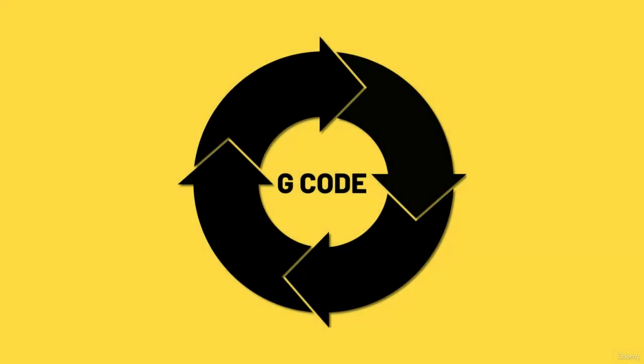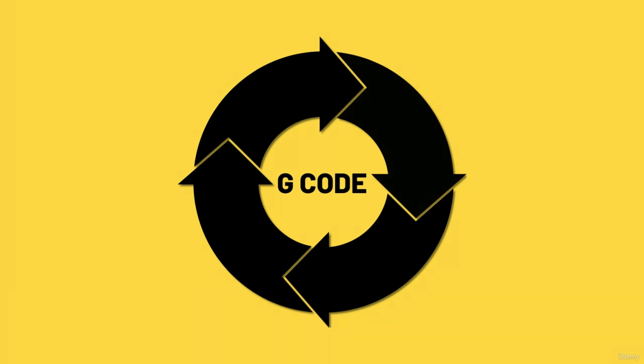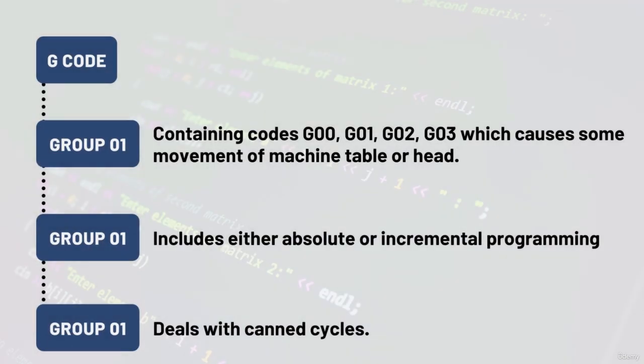G codes are sometimes called cycle codes because they refer to some action occurring on the XYZ axis of a machine tool. The G codes are grouped into categories such as Group 1, Group 3, and Group 9.